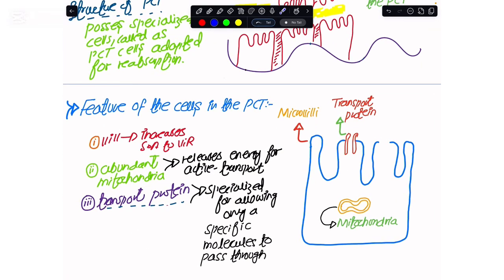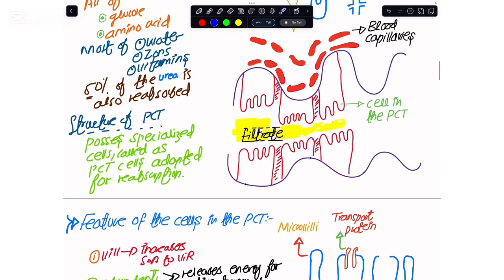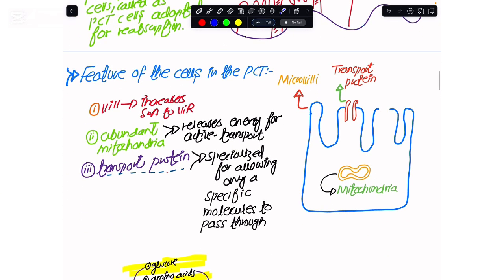If I were to describe the structure of the proximal convoluted tubule, we say that it has specialized cells, the PCT cells, adapted for the reabsorption process. Looking at the features of these cells, the word is not villi but microvilli, and they increase the surface area to volume ratio for reabsorption in the PCT.